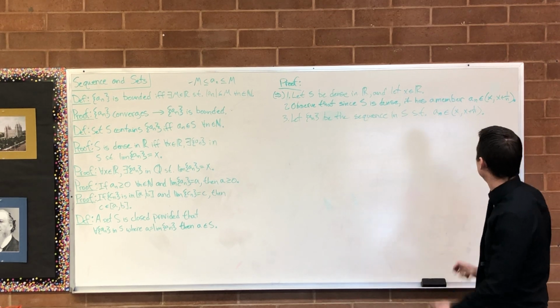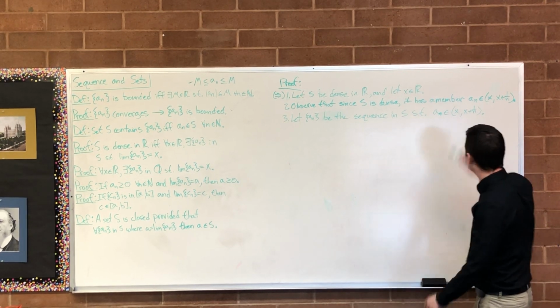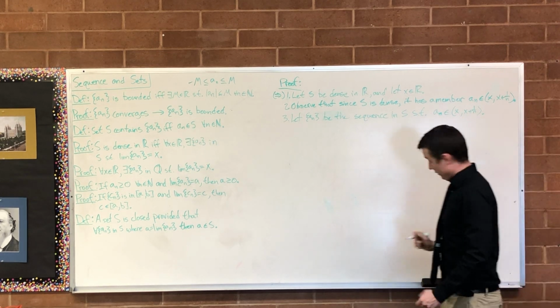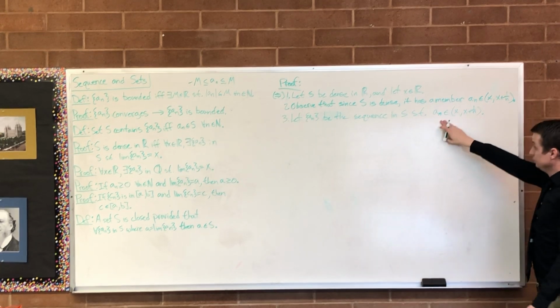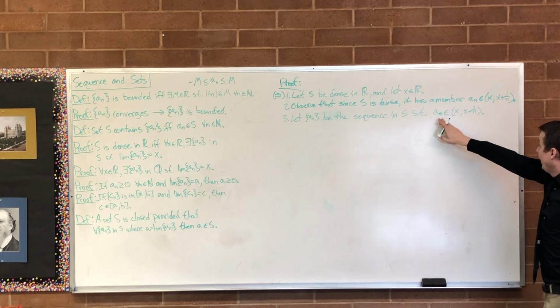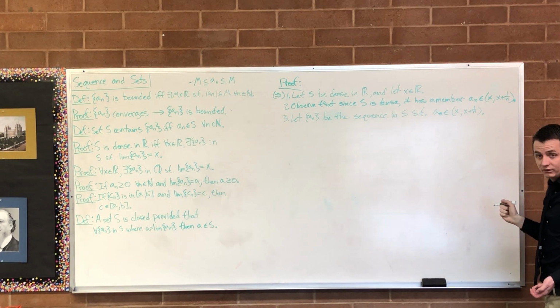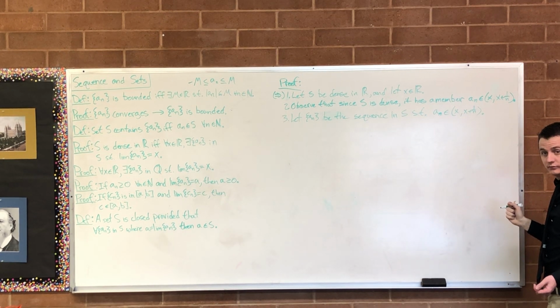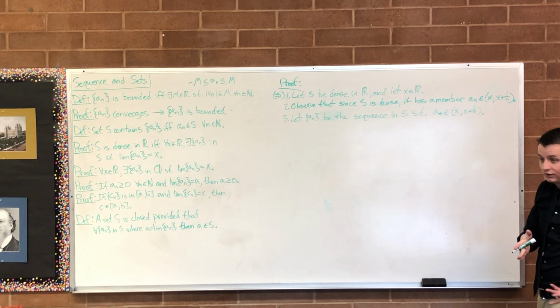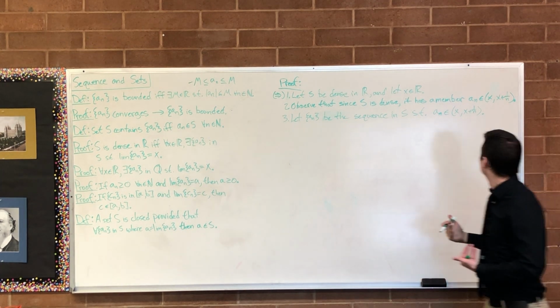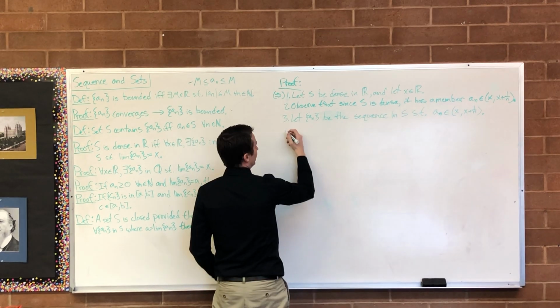So, let a_n be the sequence in S such that the nth term is in that interval. What do I need to show? I need to show that the limit of a_n is x. So I need to show that for any epsilon you pick, I can find, well, we can probably just use the comparison line on this one.